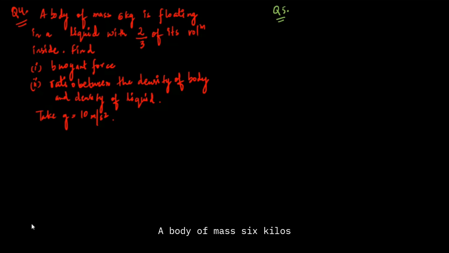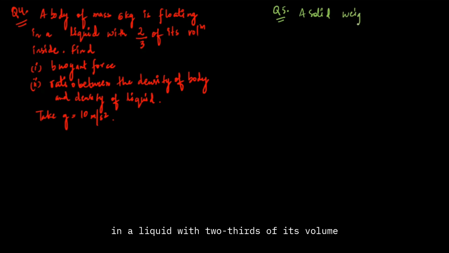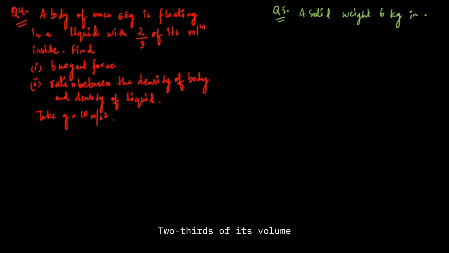A body of mass 6 kg. So FB is equal to rho V g. The body of mass 6 kg is floating in a liquid with 2/3 of its volume inside. Find the buoyant force.